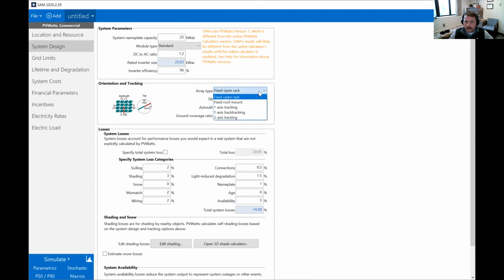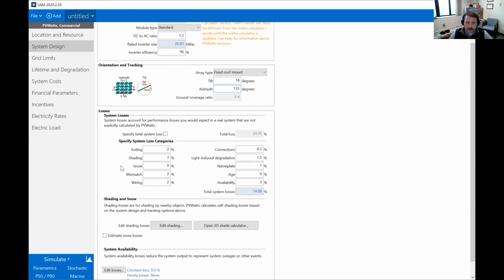We are going to tell it whether it's on a roof or on the ground. An open rack is a ground mount, and a roof mount is just that, on the roof. In this case, we know that the tilt of that roof is 18 degrees and the azimuth, the direction it faces, is 135 degrees, so in a southeastern orientation. We can change these losses if we want, but only if we really have information that tells us about changing those losses.